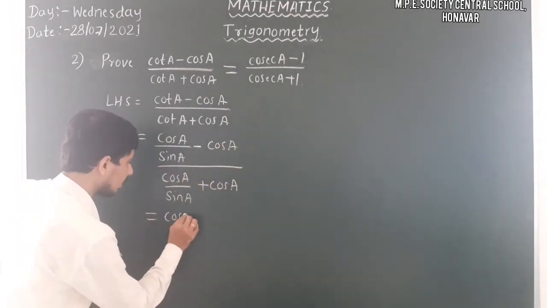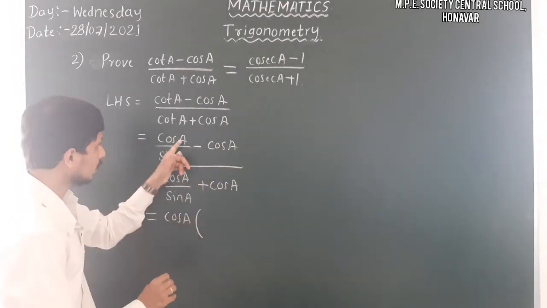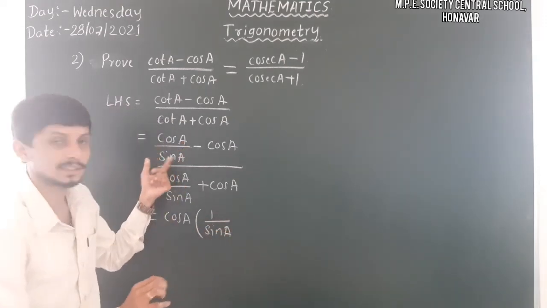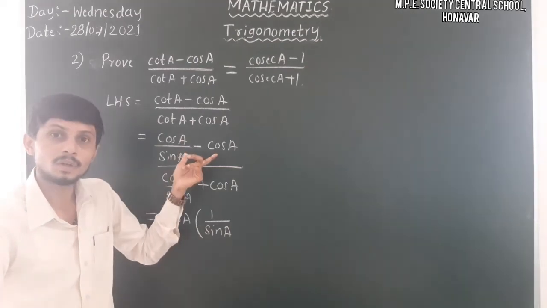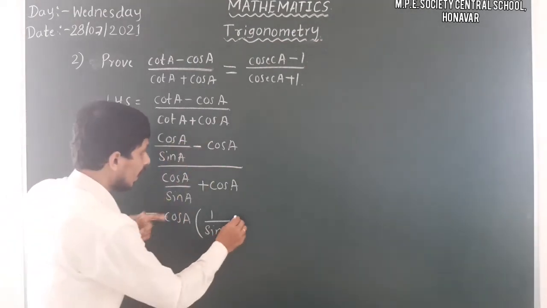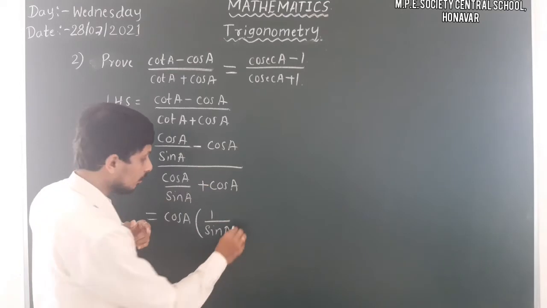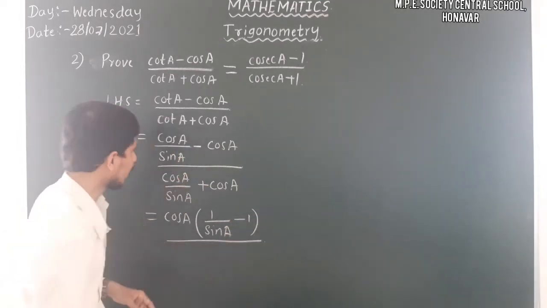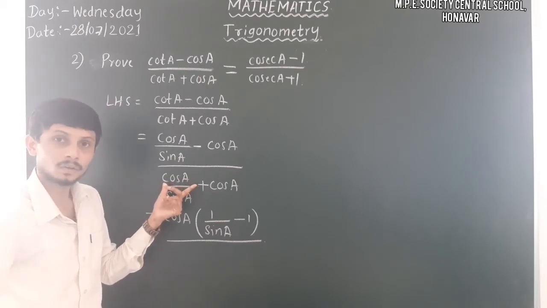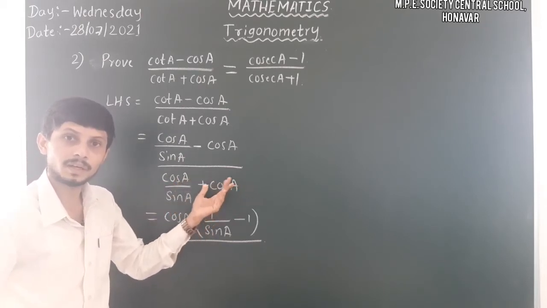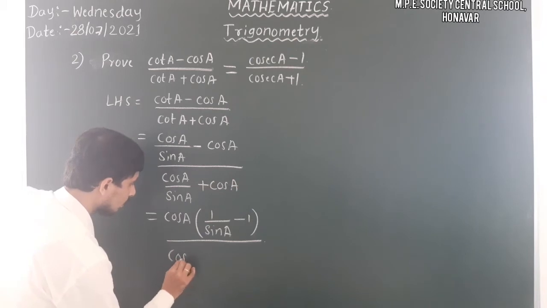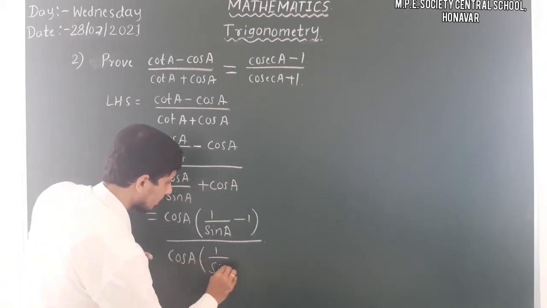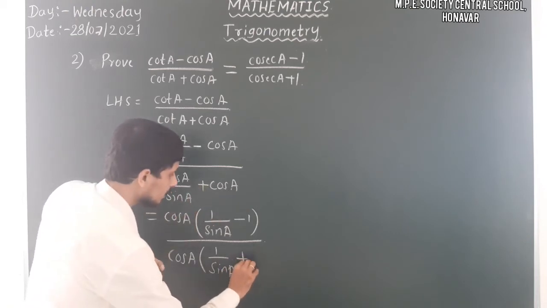Taking cos A out, it leaves 1 by sine A here, and it leaves 1 by sine A minus 1. In the denominator also, the same thing: we take out cos A, and it leaves 1 by sine A plus 1.